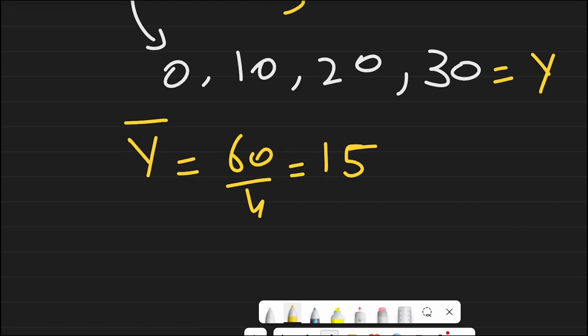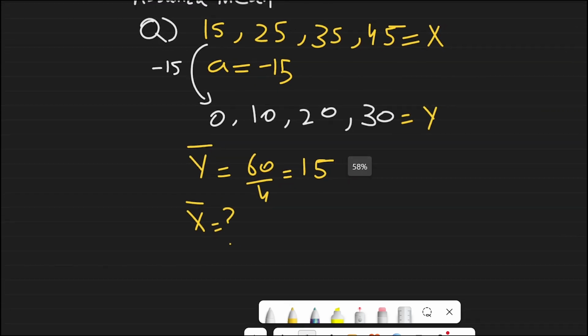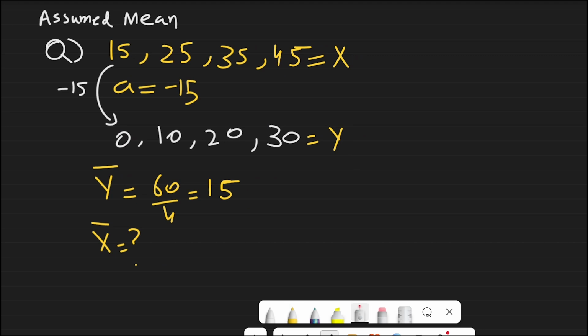Okay, we don't know the mean of x, right? We need to calculate the mean of x now. Although we can do it simply by adding all these values, in exam conditions let's say you have values like 5.5, 6.25, 9.85, all these decimal places, then it gets complicated. So the advantage with assuming a mean is that now you can calculate the mean of x with ease.